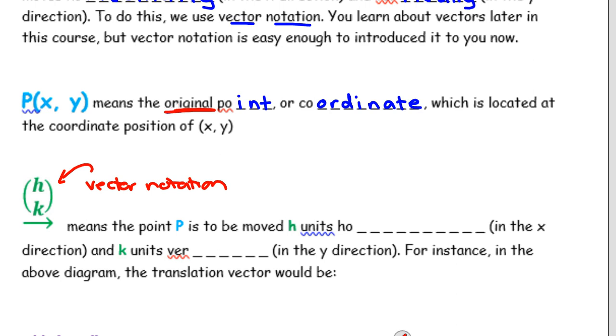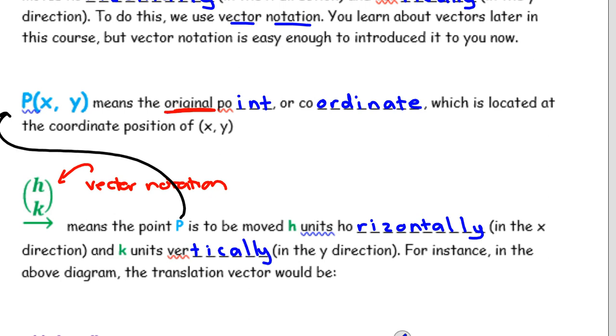So this vector notation means the original point P is to be moved h units horizontally, because h represents the horizontal movement in the x direction, and k units vertically in the y direction.